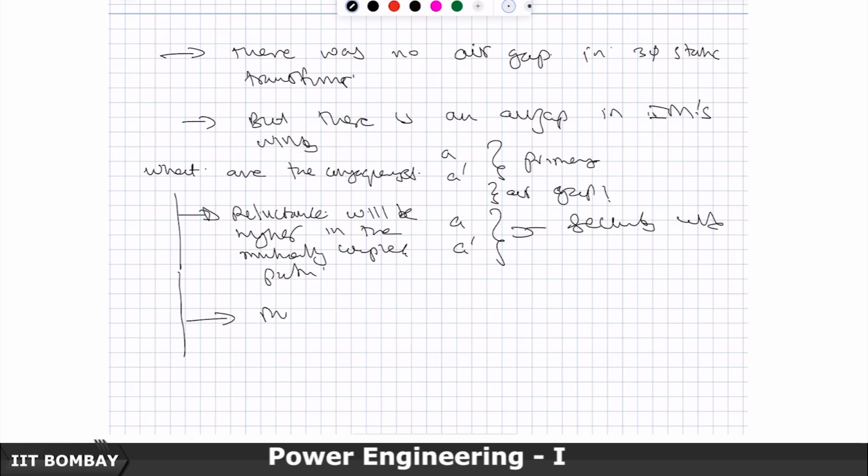Consequently, mutual inductance, or more like, in terms of the parlance of transformers, the magnetizing impedance or inductance or reactance will be lower.